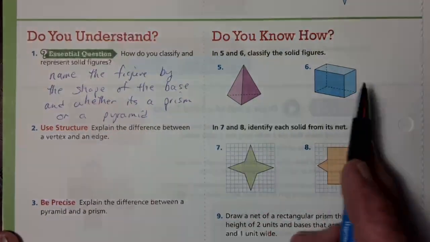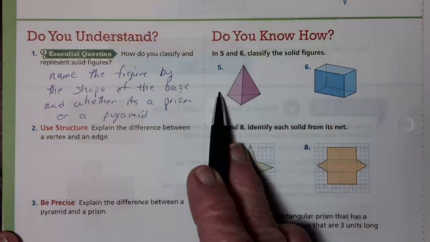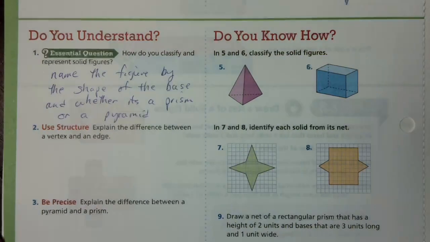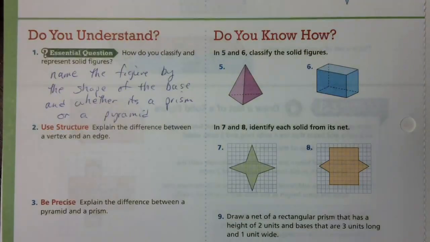Prism or pyramid. Pyramids come to a point. Okay? Good example of both of those right there in 5 and 6.